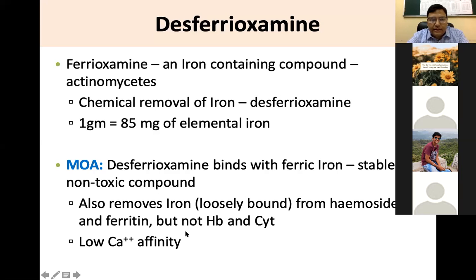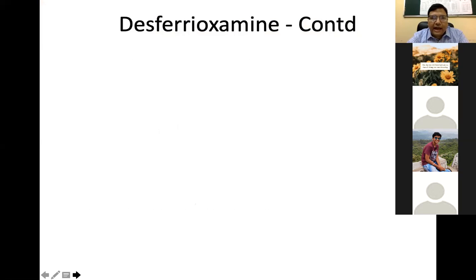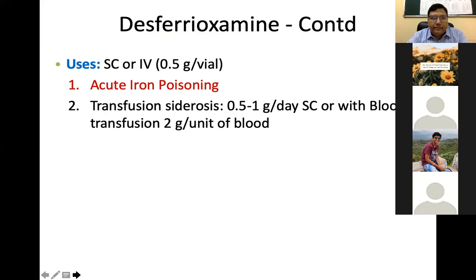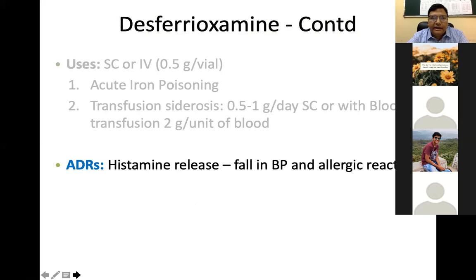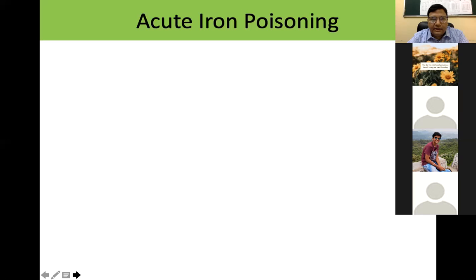It is used by subcutaneous or intravenous route in acute iron poisoning and transfusion cirrhosis, and the common ADR with desferrioxamine is histamine release, which leads to fall in blood pressure and allergic reactions.